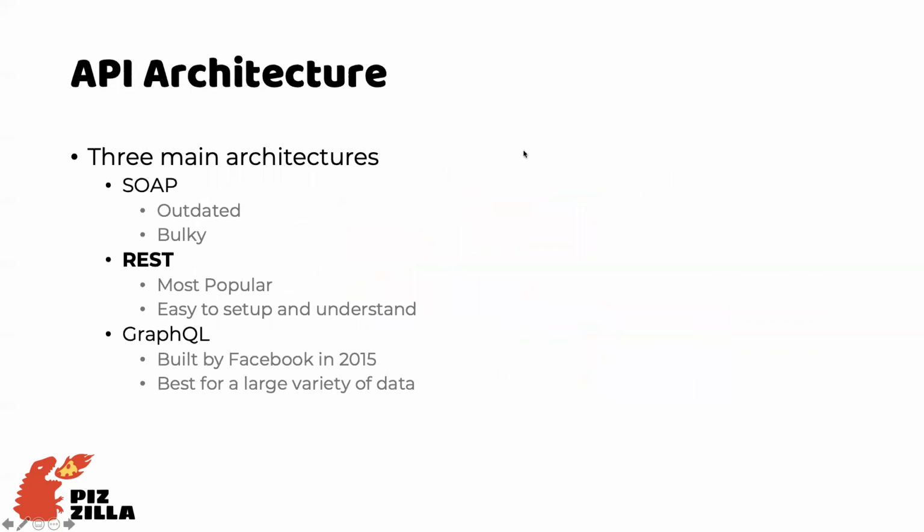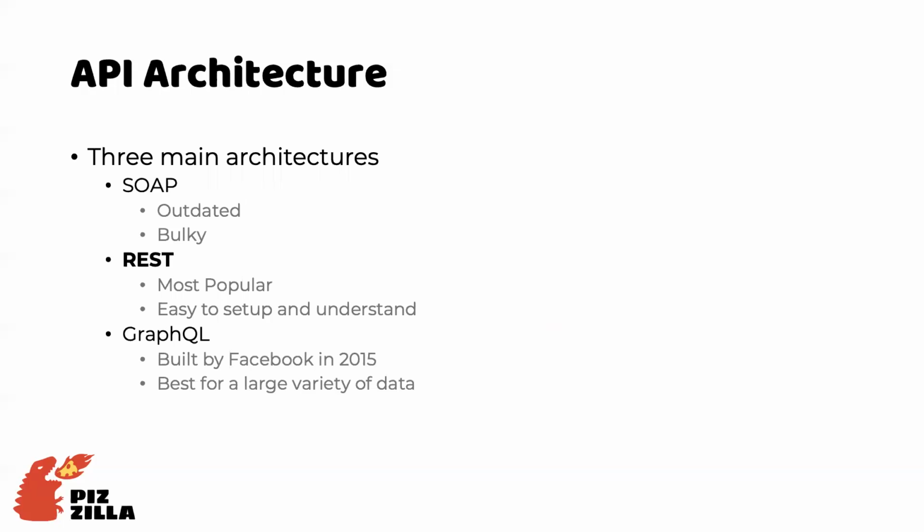So APIs come in kind of 3 varieties. When they first came about, SOAP was the main architecture that people used. Nowadays, it's very outdated and bulky. It used XML as the language that it would return things in. REST quickly became more popular to address all of the issues with SOAP.